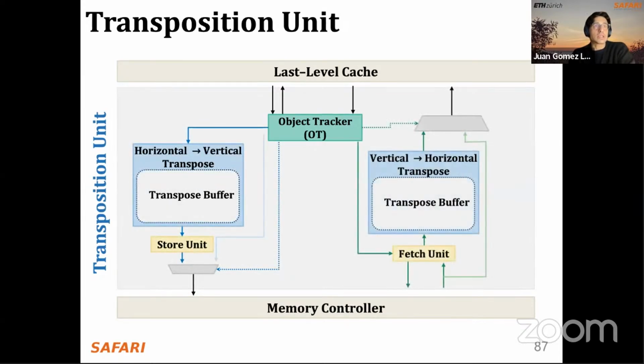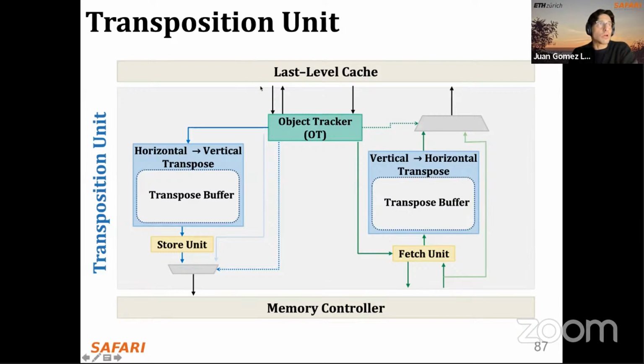Then it has the corresponding logic and necessary buffers to perform the horizontal to vertical transposition when we copy something from the last level cache to the memory controller and to DRAM. On the other side, we also have the corresponding transpose buffer and logic to transpose whatever comes from DRAM through the memory controller and is going to be written into the last level cache.